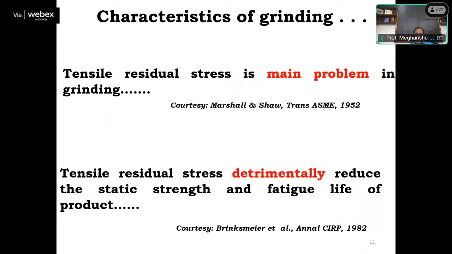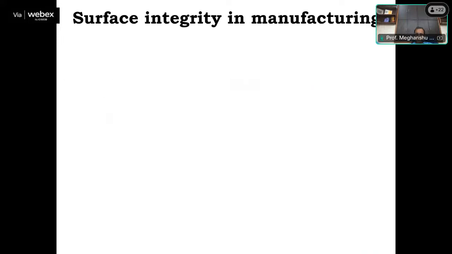Now we came to know that in grinding, heat is generated and this heat is problematic because it is inducing tensile residual stress. This tensile residual stress is the main cause of poor quality of manufactured component.